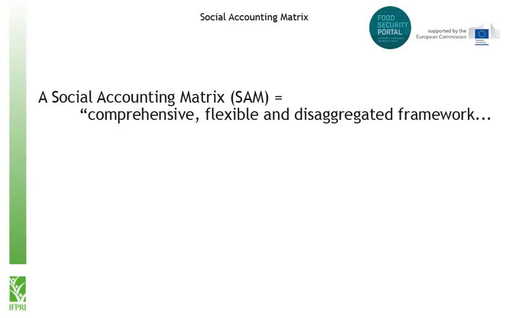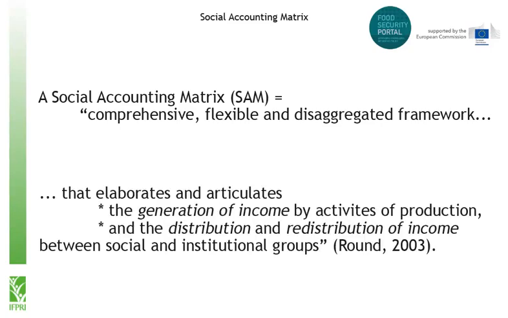So a social accounting matrix is a comprehensive, flexible, and disaggregated framework that elaborates and articulates the generations of income by activities of production and the distribution and redistributions of income between social and institutional groups. So it is the complete definition provided by Round in 2003.